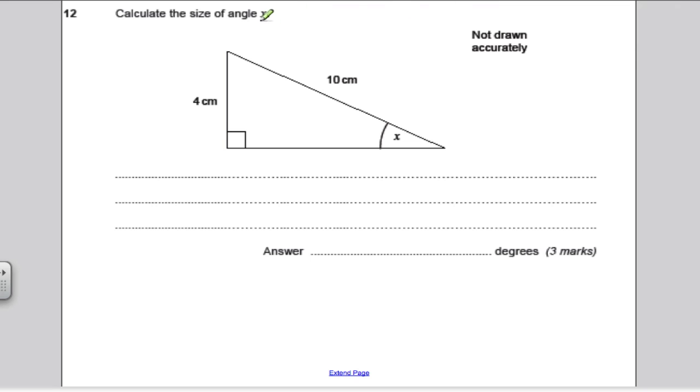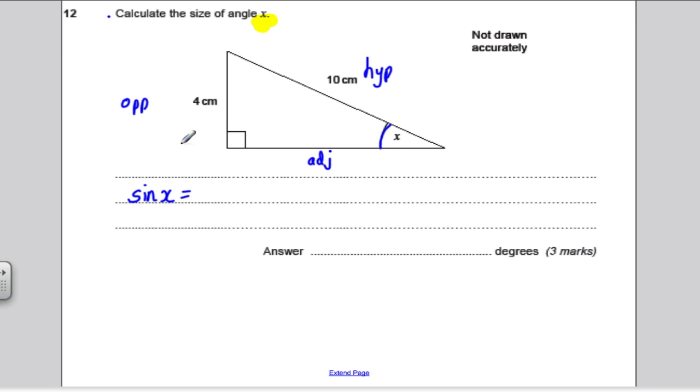Okay, we're asked here to calculate the size of angle x. So we are going to use some right angle triangle trigonometry. This is our unknown angle. This is the opposite. The longest side is always the hypotenuse and the side beside the angle is the adjacent. We want to know this angle and we've got the opposite and the hypotenuse. So what formula does that for us? Well, the sine formula does that.